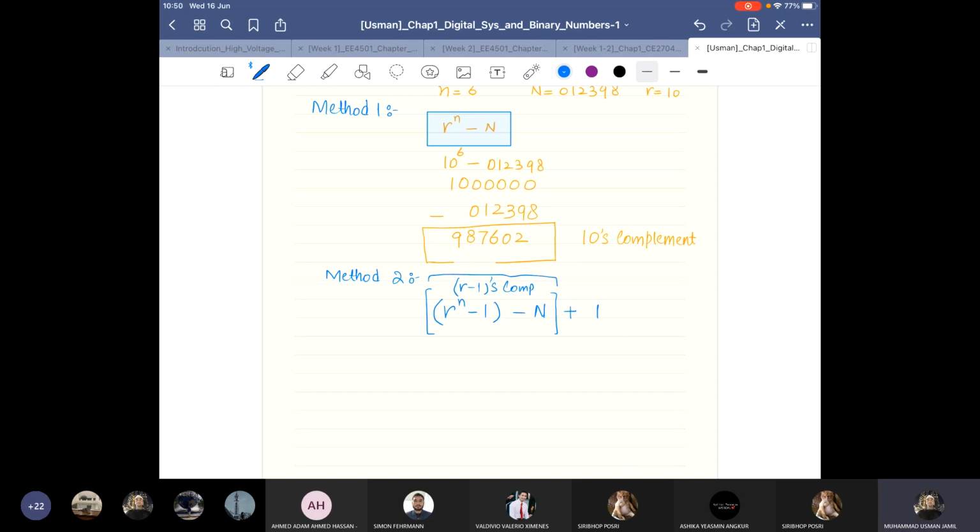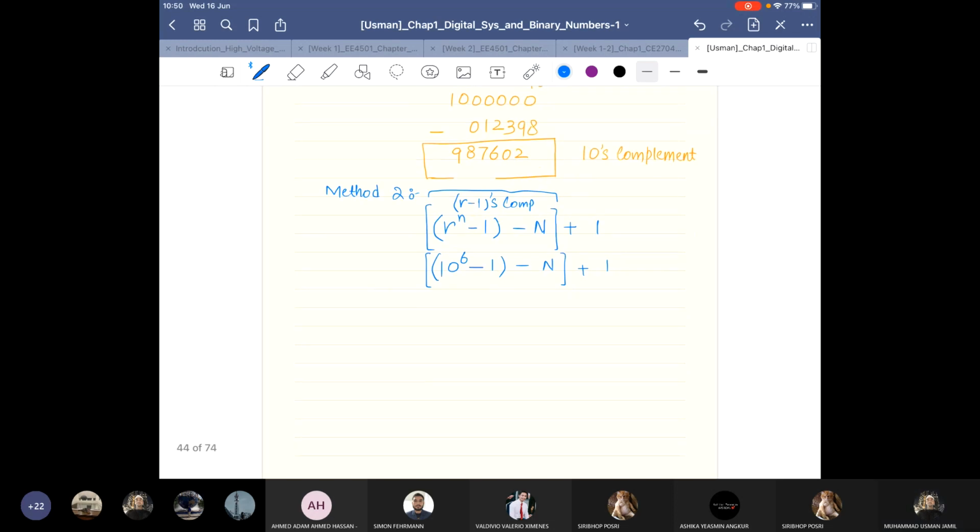So now our R is 10 to the power 6 minus 1, then minus N, then plus 1. So we can do 1 followed by 6 zeros, 1, 2, 3, 4, 5, 6, minus 1, then minus N, then plus 1.